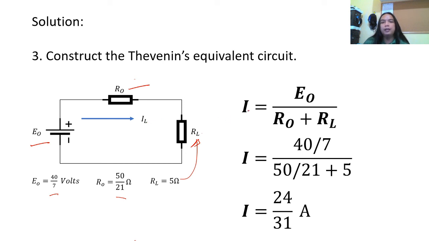IL, or I in our problem, you just substitute the values: EO divided by RO plus RL, that is 40 over 7 divided by 50 over 21 plus 5. And you will get the answer of 24 over 31 amperes.